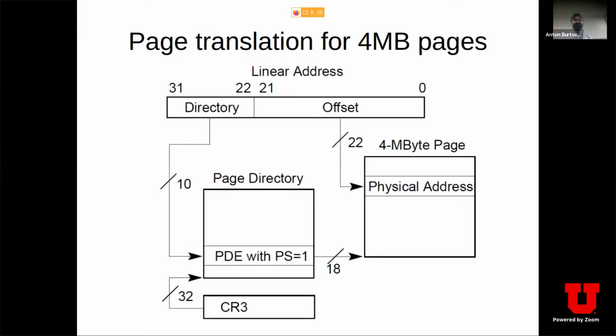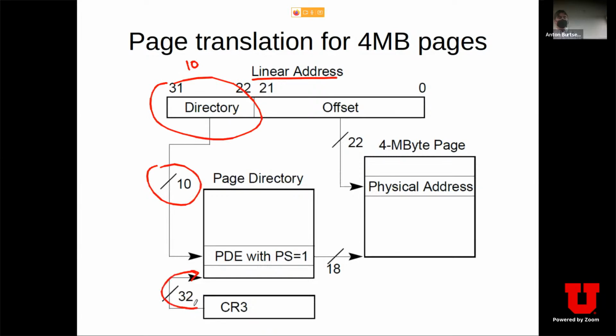Okay, let me quickly show the Intel diagram, just to be more concrete here. Again, you have your linear address, but now, since you have to designate one of those 1024 chunks, you take 10 bits of the address, right? So this is the 10 bits.